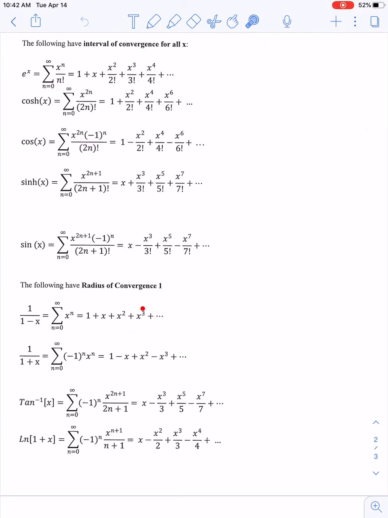It's a geometric series where a is 1, and my ratio r is just x. Okay, and if you go back to our formula for geometric series, it is what? A over 1 minus r. And I just told you, a is 1 and r is x. So in fact, 1 over 1 minus x is a geometric series, and it looks like a geometric series.